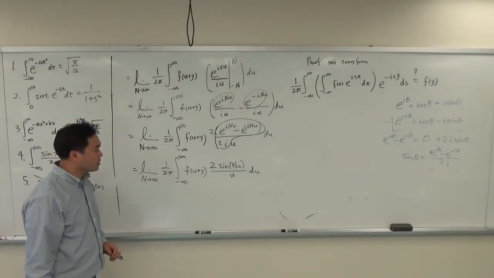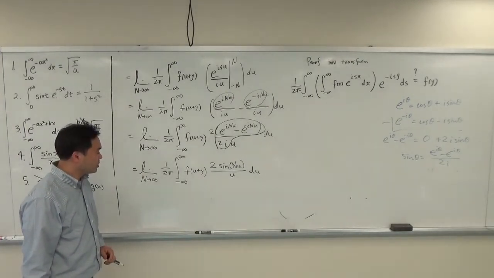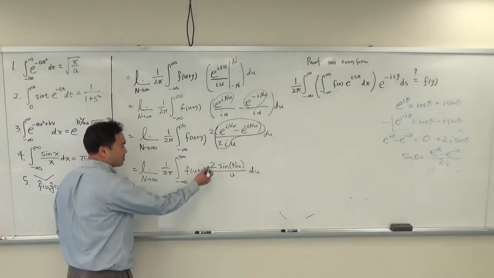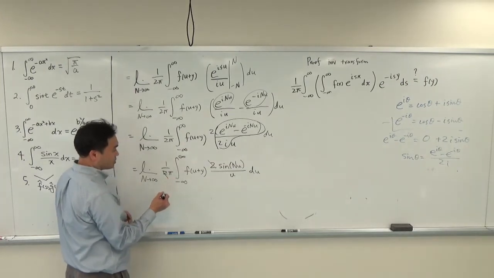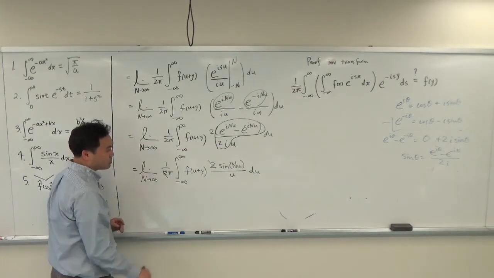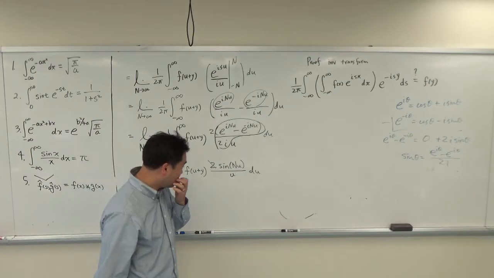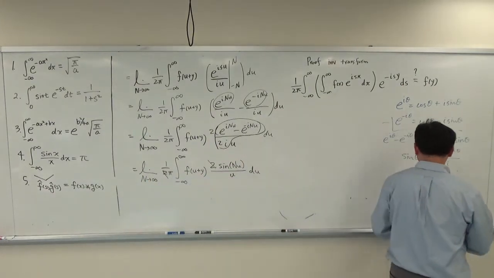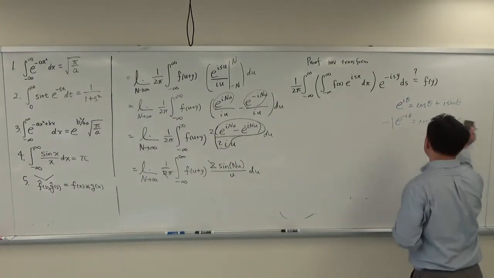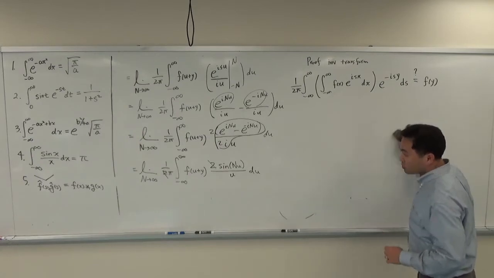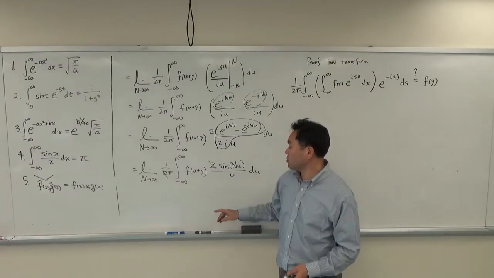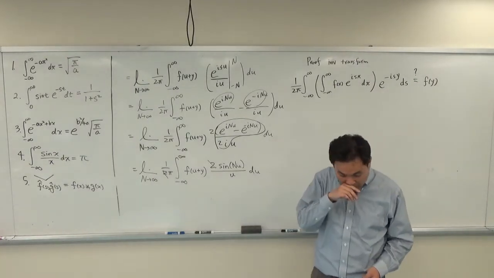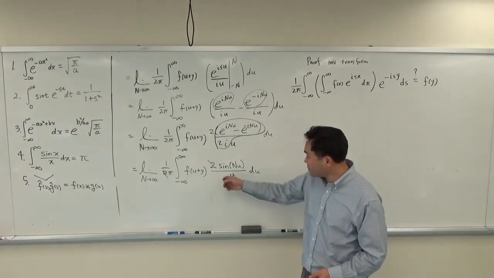Okay, so we get this integral, and I guess we can even cancel the 2 and 2. We still have to take n to infinity. All right, so where do we go from here? Well, what we are going to do is differentiate this and integrate this.